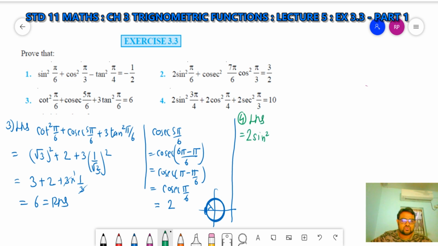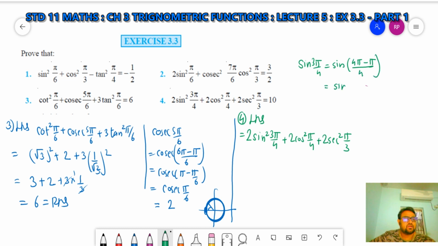2 sine square 3 pi by 4 plus 2 cos square pi by 4 plus 2 sec square pi by 3. Clear? So first I need to find out sine 3 pi by 4. Sine 3 pi by 4 is equal to sine of 4 pi minus pi, 4 ones are 4, so I will separate it: 4 pi by 4, the 4 gets cancelled, minus pi by 4.